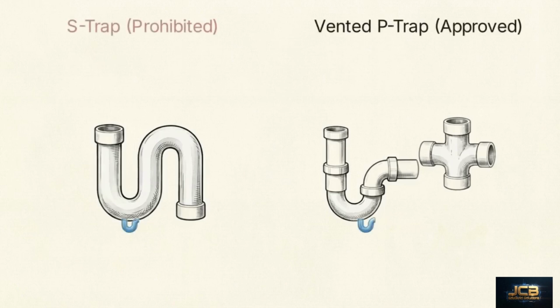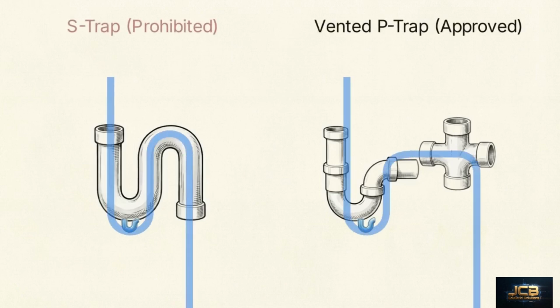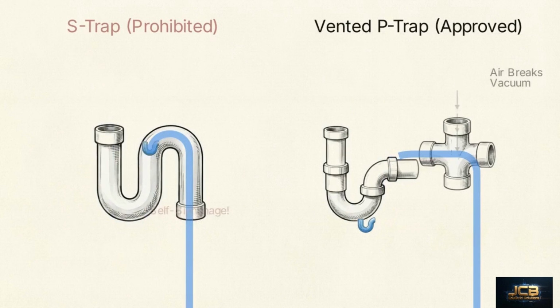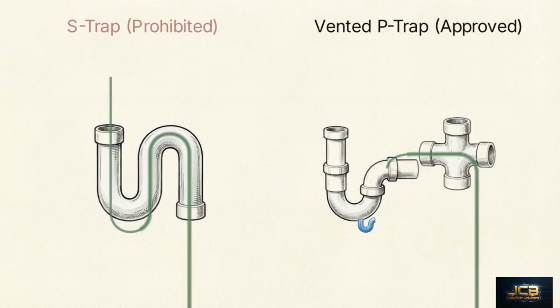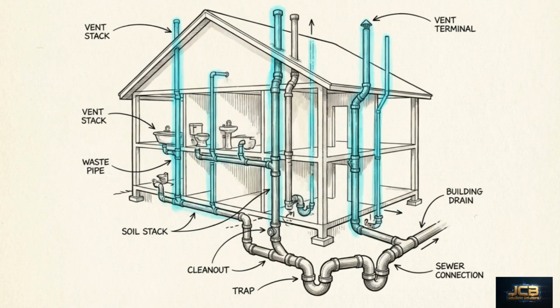These specific designs rely on concealed partitions or interior curves that make them highly susceptible to self-siphonage. The rapid flow of wastewater creates negative pressure, pulling the liquid seal entirely out of the pipe and leaving the gas pathway open. To prevent this, every fixture trap must be protected against siphonage and back pressure by a properly placed vent pipe, ensuring constant air circulation.